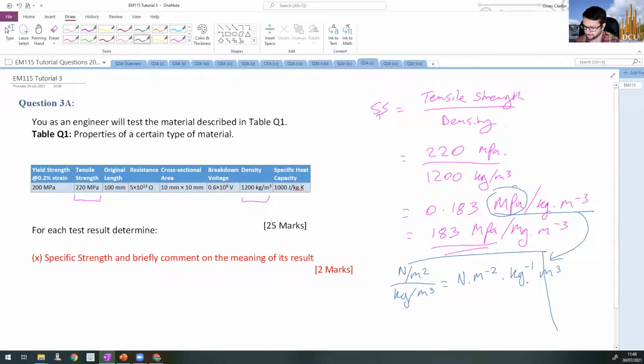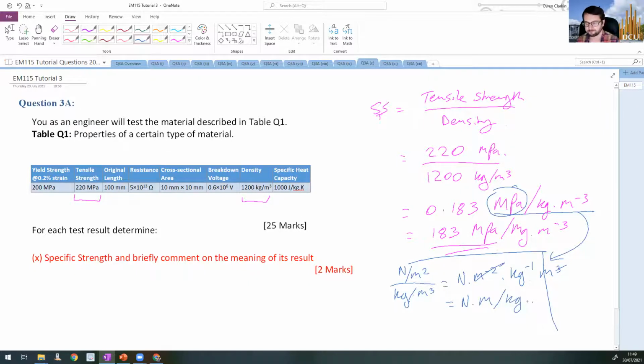Okay. So that's the base SI units for this. So these then cancel these, and we end up with newtons per meter per kilogram.